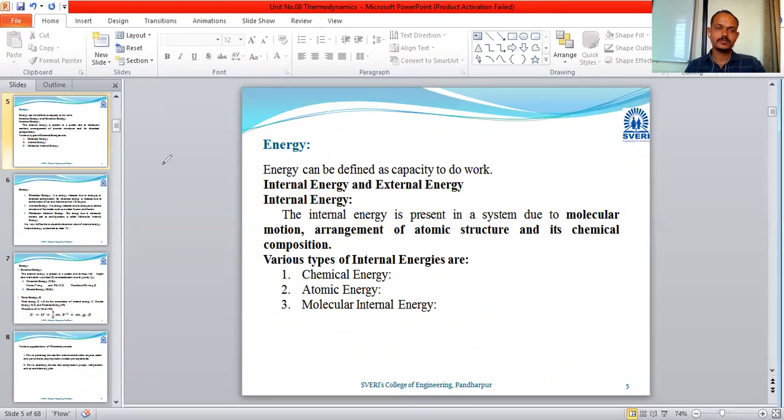Suppose this is a pot, and if we fill it with water, this is water, and when we apply heat, then what will happen? काय होईल?